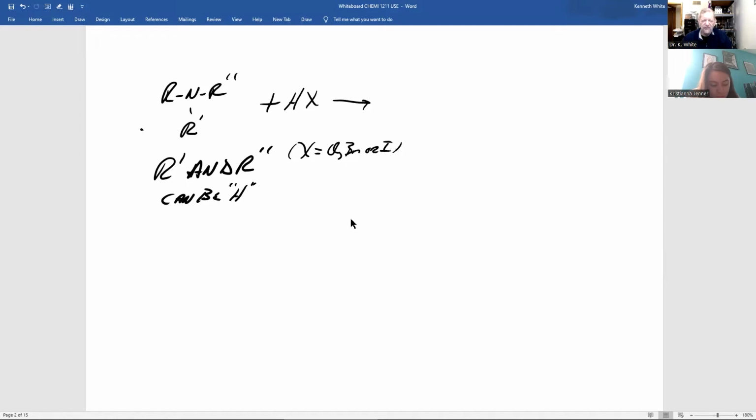And what's attached to the nitrogen stays attached to the nitrogen, and you'll get a hydrogen on there. This will become plus, and all molecules have a net zero charge, so you'll have a halogen anion.